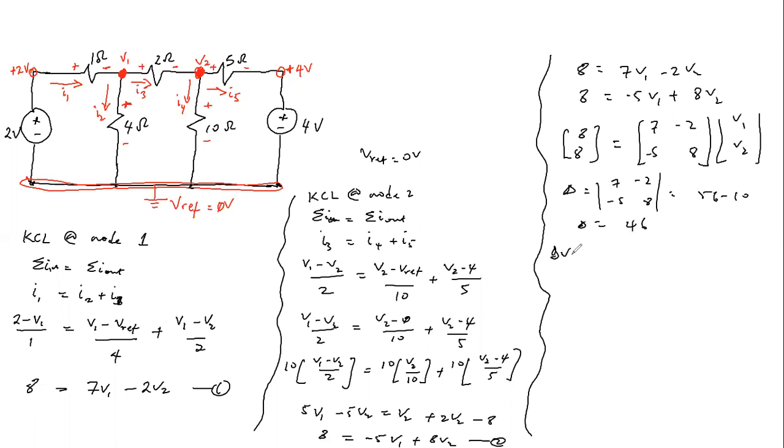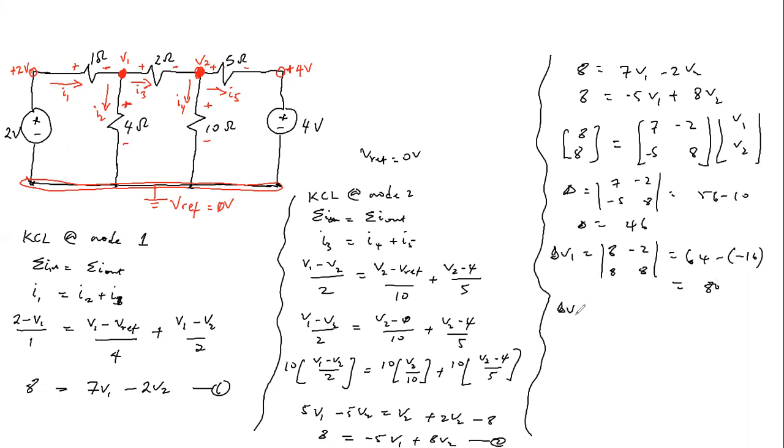Then delta V1. We replace the first column with the constants 8 and 8. That will be 8 times 8, which is 64, minus 2 times 8, which is minus 16, giving us 80.